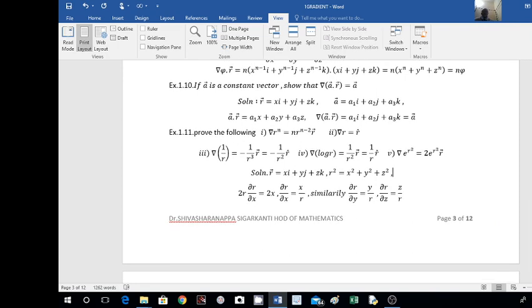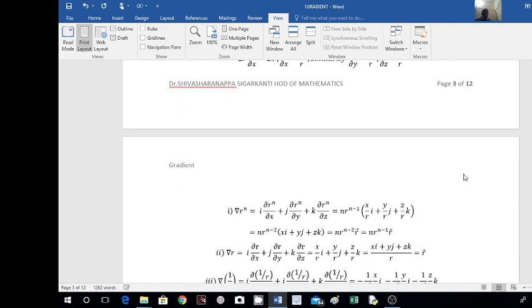Next, we go for finding this del of r power of n. So here my phi is r power of n. By the definition of del phi, i into dou phi by dou x plus j into dou phi by dou y plus k into dou phi by dou z.